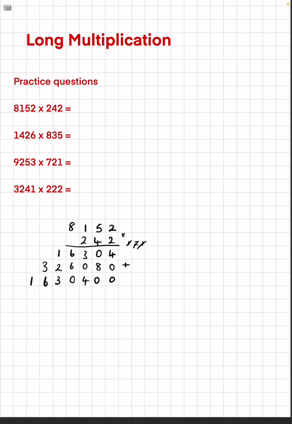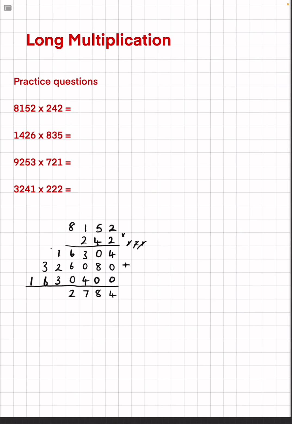To get our answer, we're going to add these three numbers together. 4 add 0 is 4. 8 add 0 is 8. 4 add 0 add 3 is 7. 6 add 6 add 0 is 12.